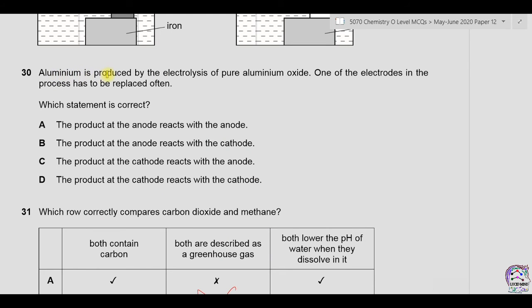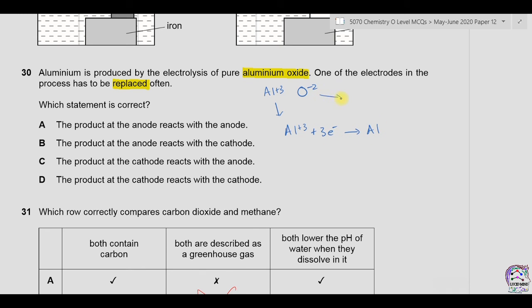Question 30. Aluminum is produced by the electrolysis of pure aluminum oxide. One of the electrodes in the process has to be replaced often. Which statement is correct? In aluminum oxide we have aluminum ion, which is the cation, and oxide ion, which is the anion. So the cation moves towards the cathode, and the aluminum ion gains 3 electrons and forms aluminum metal.